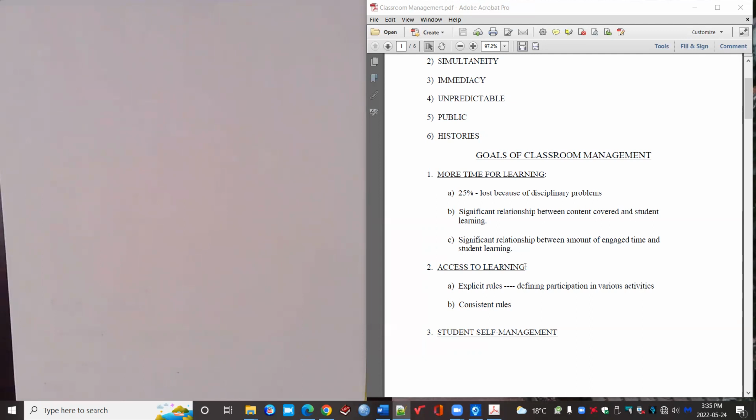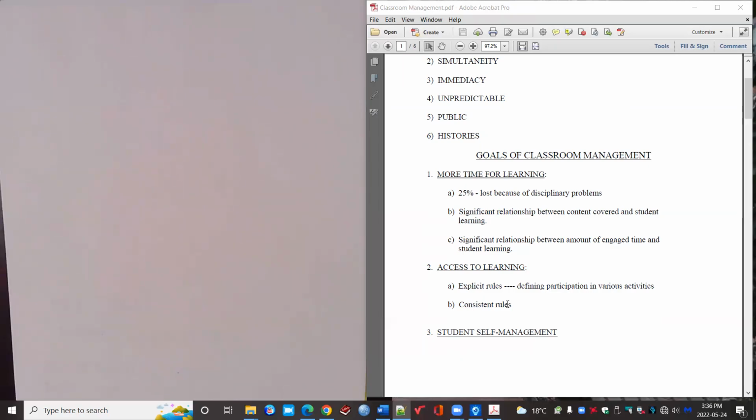Access to learning. It is important to have explicit rules defining participation in various activities. It's good to do that. And of course, it's important to have consistent rules defining participation.